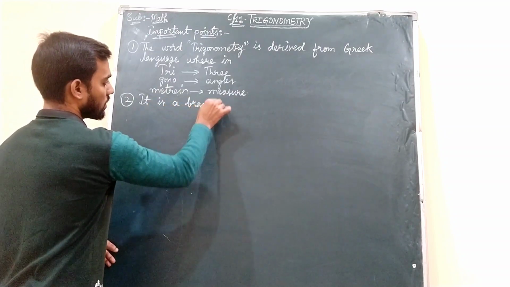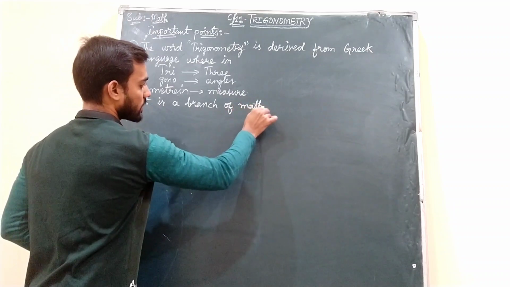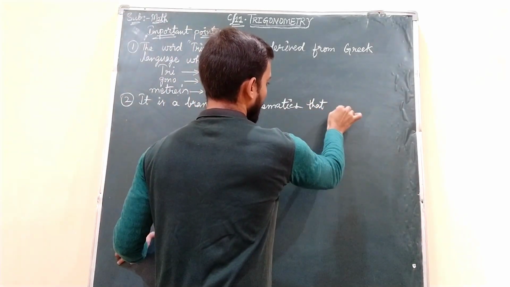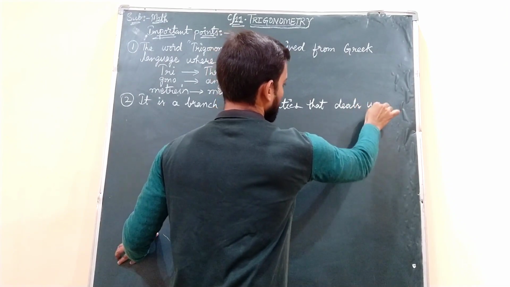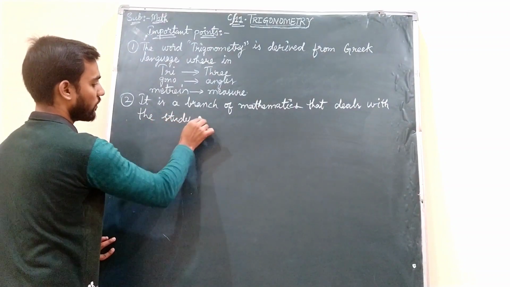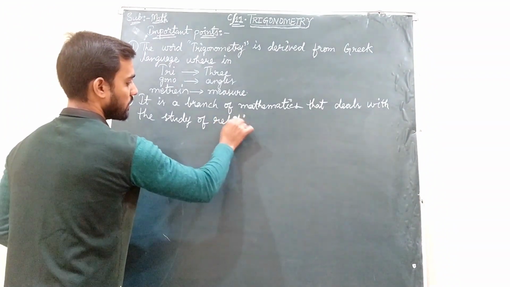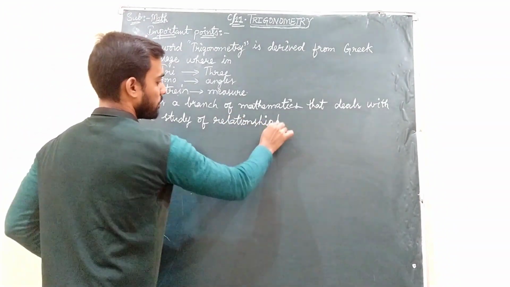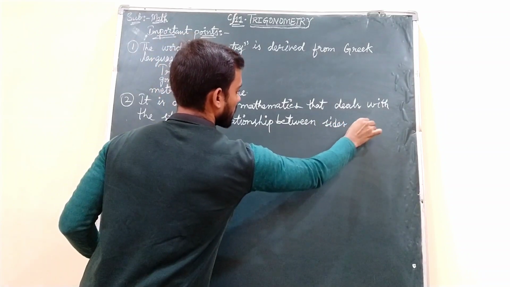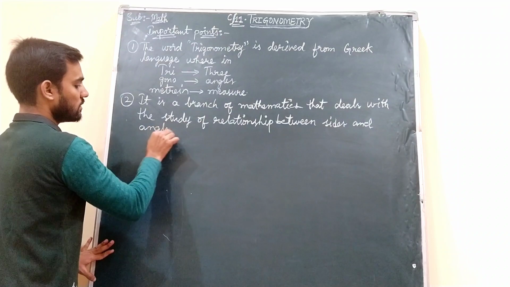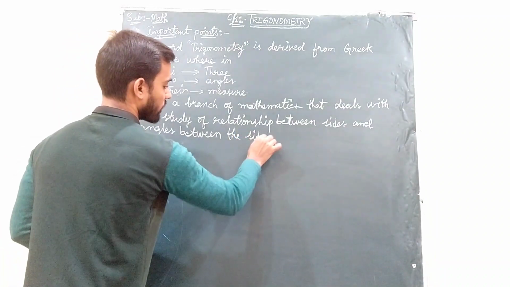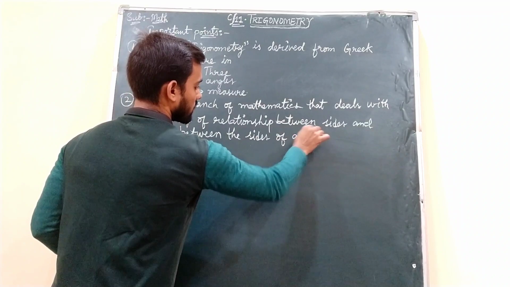Okay, so our second point is, it is a branch of mathematics that deals with the study of relationship between sides and angles between the sides of a triangle.